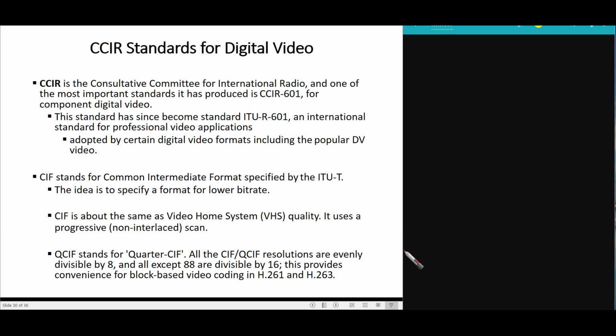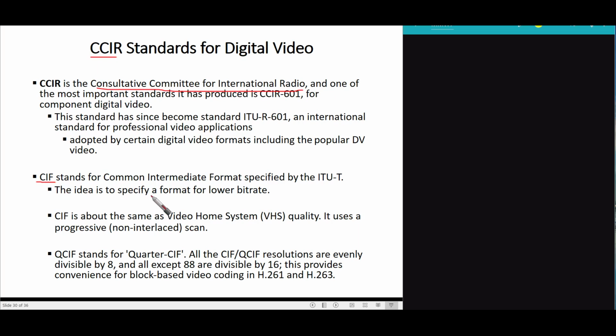So there are various kinds of digital video format standards, for example, CCIR standards. CCIR means Consultative Committee for International Radio, and they have different kinds of standard formats. For example, CIF.